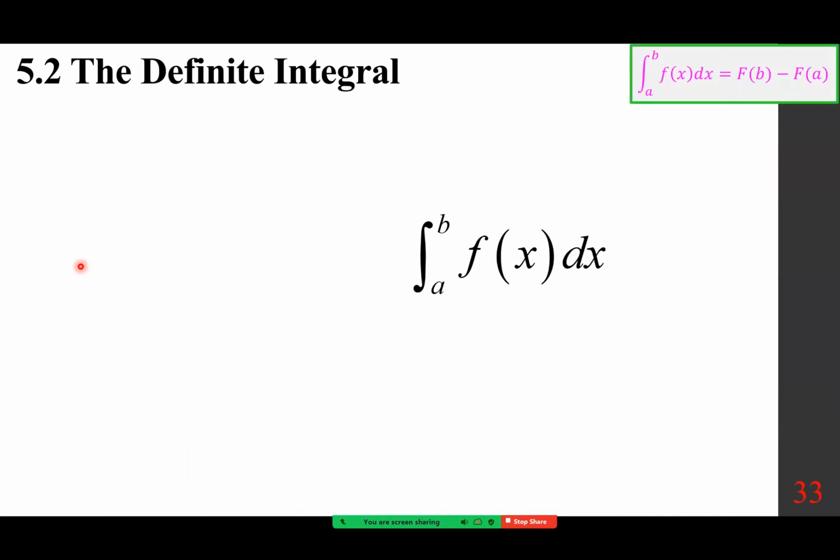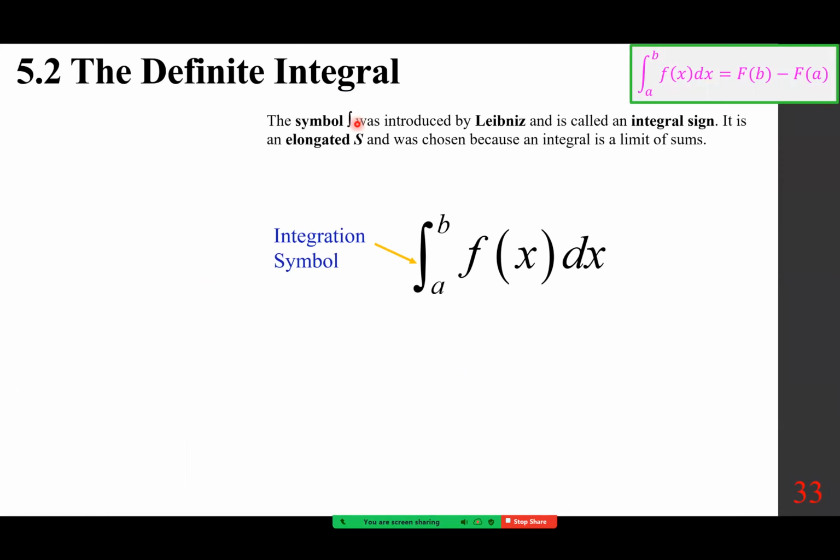First, let's explain what this is by looking at every part of that, starting with this integration symbol. The symbol, which looks like an S, was introduced by Leibniz and is called an integral sign.